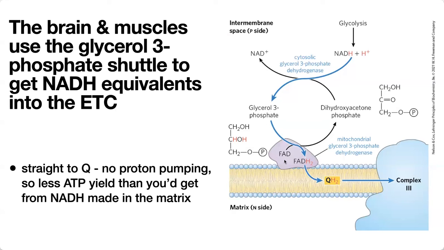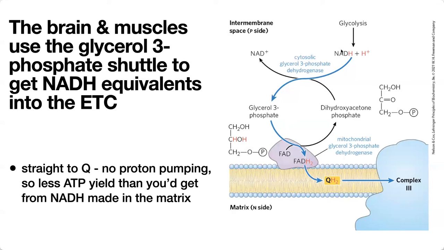We can take this glycerol 3-phosphate that's hanging out here in the intermembrane space, and now we can oxidize it back to dihydroxyacetone phosphate. In the process, we pass these electrons to FAD to make FADH2, which can then be passed on to Q, which can then enter complex 3. So this is an alternative route to getting electrons to Q, and then we can go to complex 3.